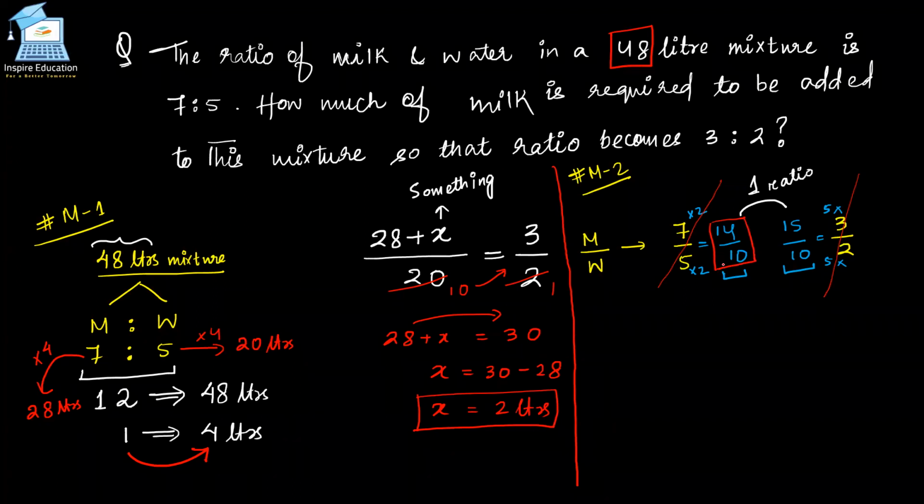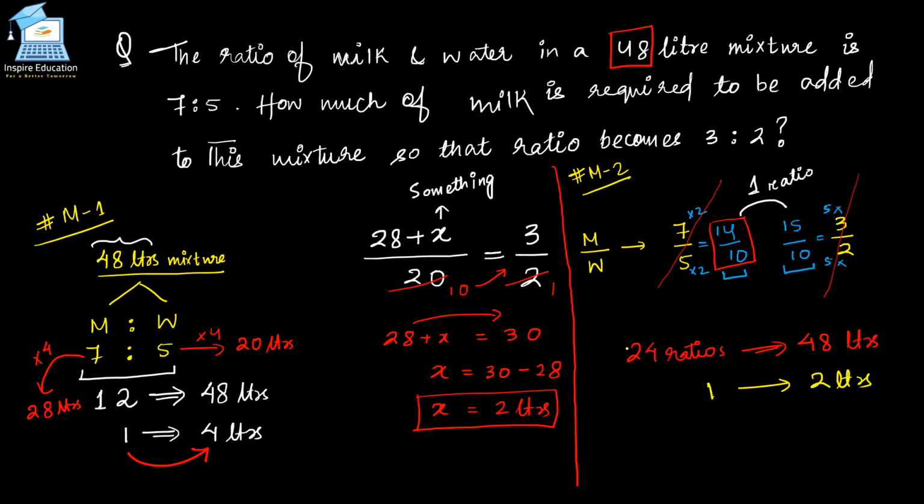So the initial total from the ratio is 24 ratios. The original total given in the question is 48 liters. You can easily guess 1 is equivalent to 2.